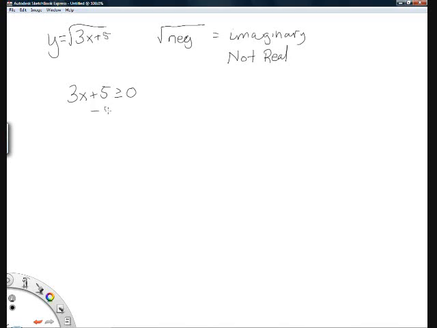So subtracting 5 and dividing by 3, you can see that x must be greater than or equal to -5/3. So as an interval, that would be bracket -5/3, comma, infinity.